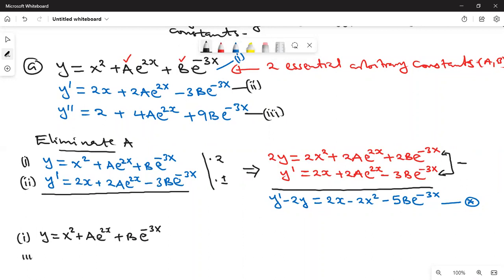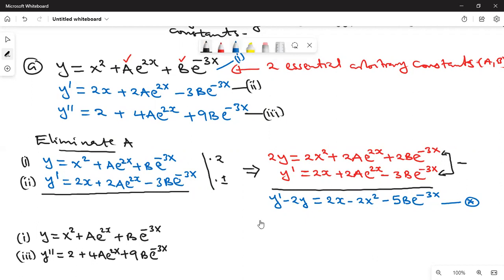And equation 3, which is y double prime equals 2 plus 4a exponential 2x plus 9b exponential negative 3x.